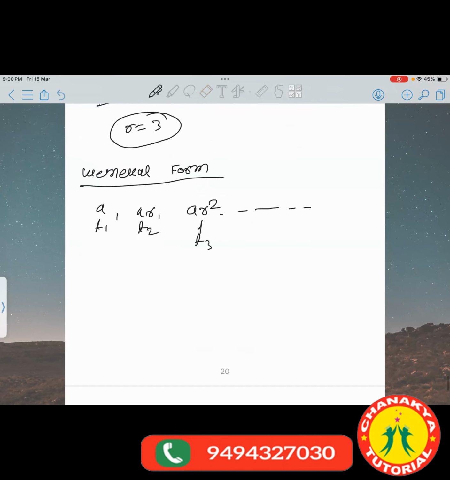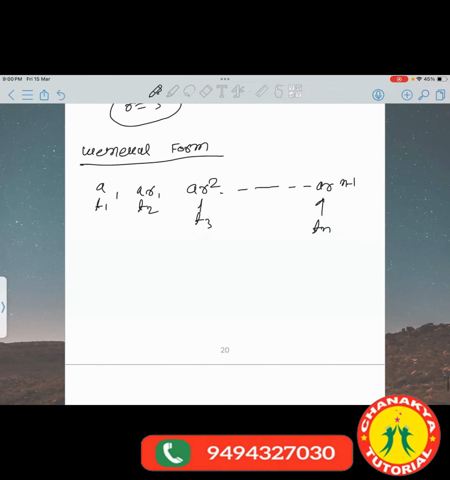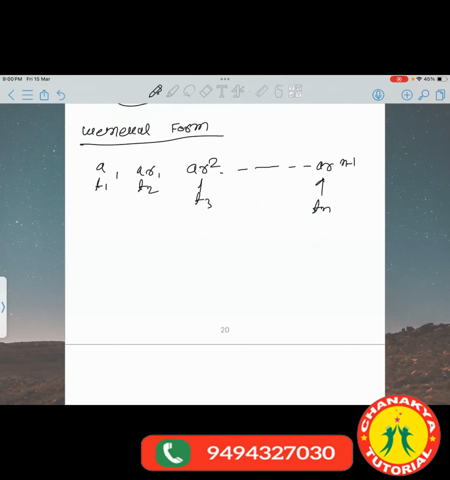If you want to find the tn term, it is a r power n minus 1, because the tn term has r power 1 less. So tn is equal to a r power n minus 1. This is the tn term, so we need to remember this formula.